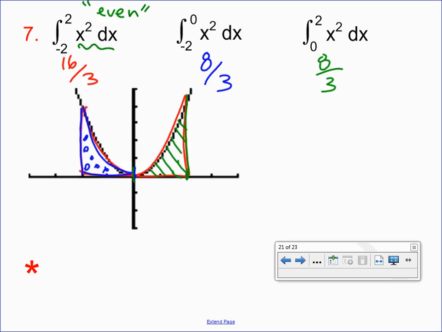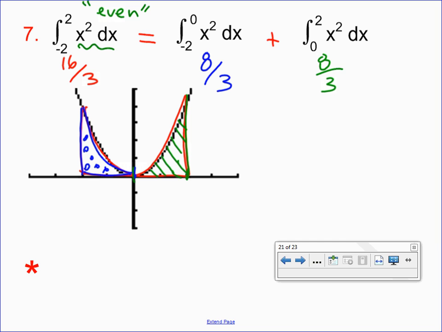Oftentimes it's easier to evaluate by hand the right portion, because it has a positive eval, and 0 is easy to evaluate in an antiderivative function typically. So that was equal to that plus that. My takeaway is that when integrating an even function from negative a to a, it's exactly double the integral from 0 to a. So let's go ahead and write that.